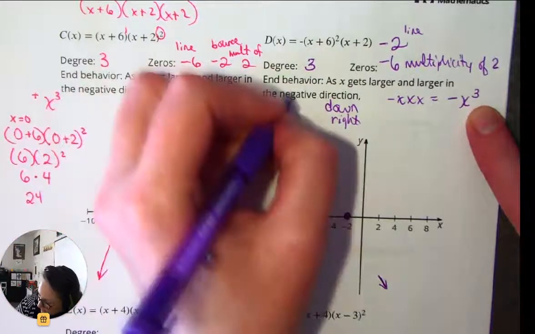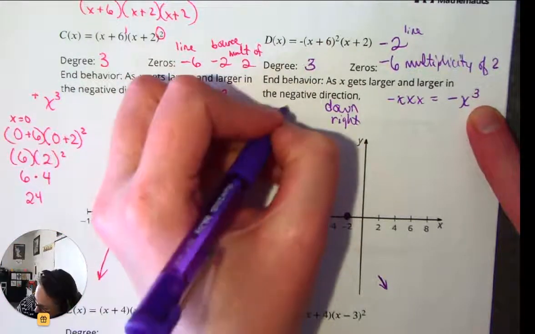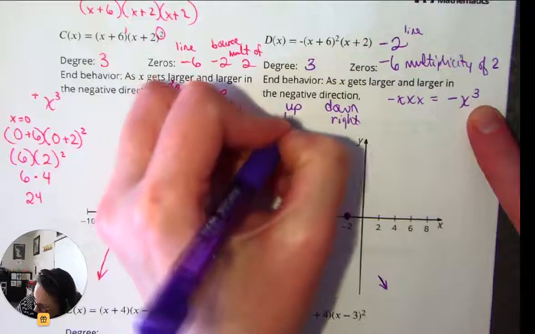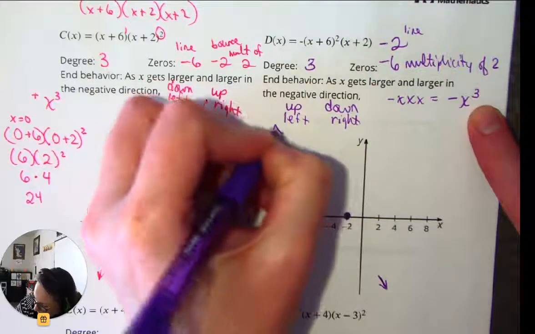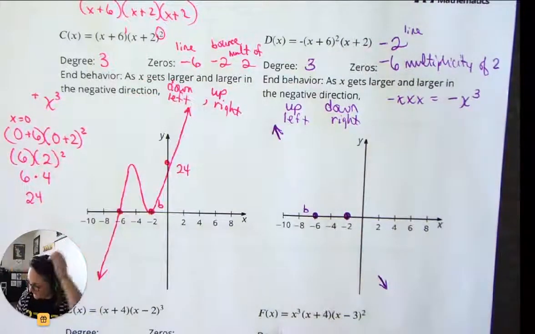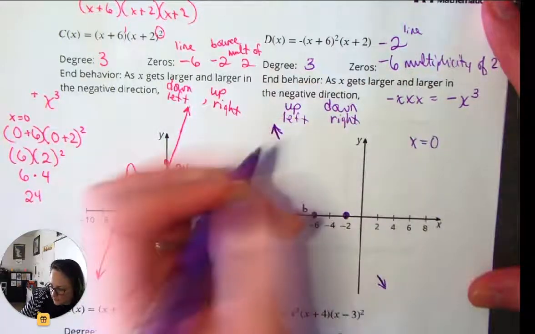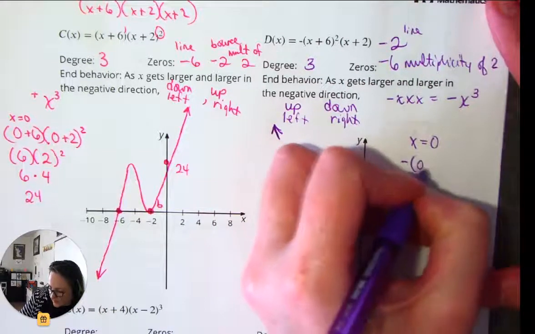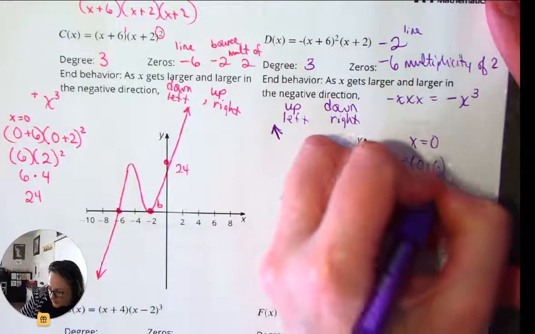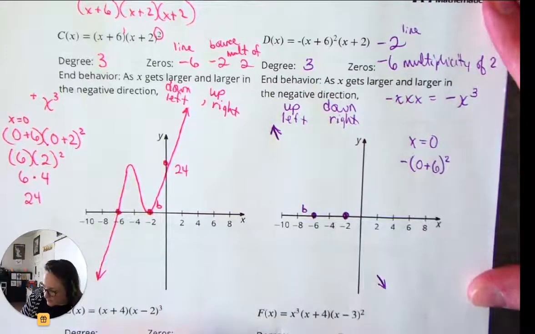Odd degree, opposite end behavior, up on the left. And I feel like all of them have been odd degree. Make x equal to 0, plug it into the equation, and let's find out what our y-intercept is. Don't forget the squareds and the negative in front.